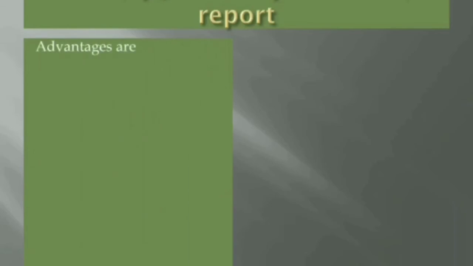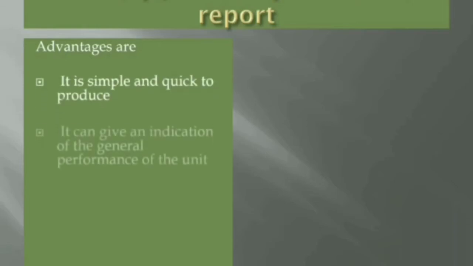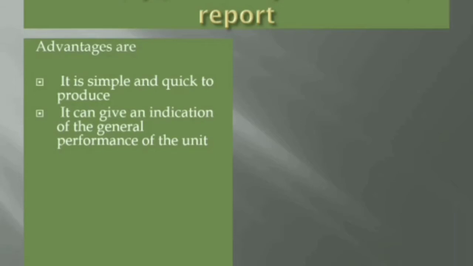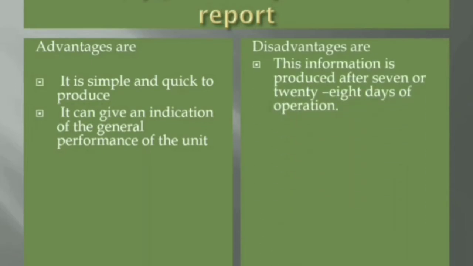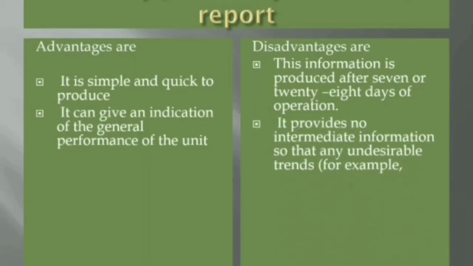The advantages and disadvantages of the weekly or monthly food cost report. The advantages are: it is simple and quick to produce. It can give an indication of the general performance of the unit. The disadvantages are: this information is produced after 7 or 28 days of operation.